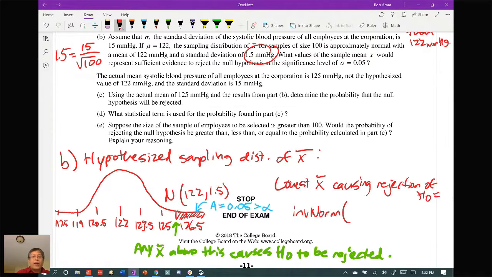If the area on the right is 0.05, the area on the left is 0.95. Your calculator has the option of using mean and sigma. I don't need to calculate the z-score for 0.95. It's going to be 1.645.